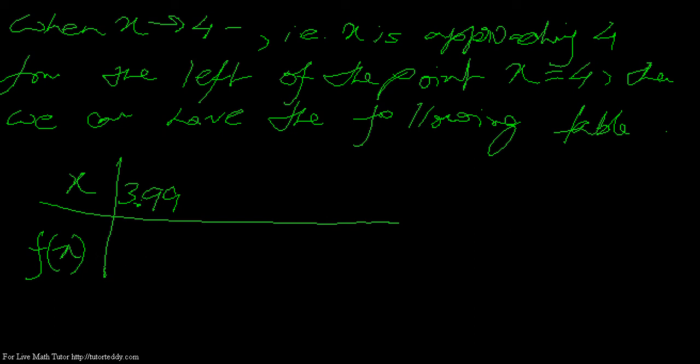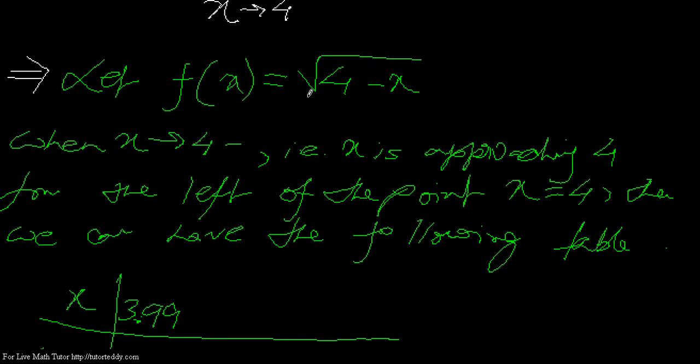You see here, if x equals 3.99, so 4 minus 3.99 will be what? Square root of 0.01, right?